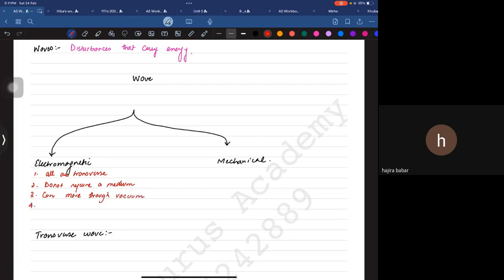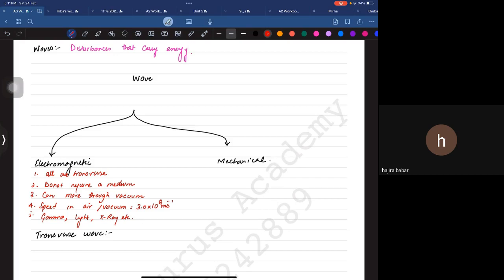Also, the speed of them in air or vacuum is about 3.0 times 10 raised to power 8 meters per second. That's about these. Then some of the examples of these are like gamma, light, X-ray, etc. So there's 7 of these.